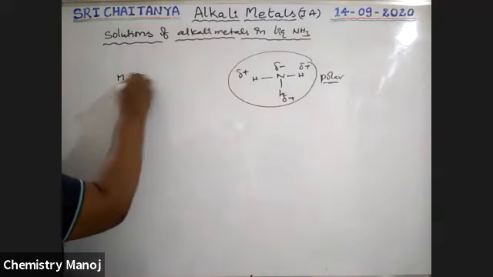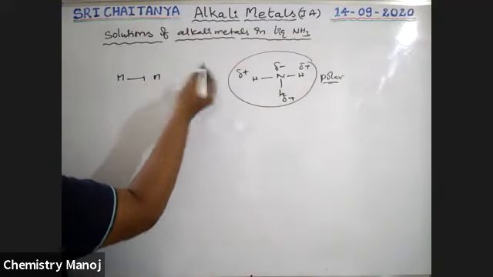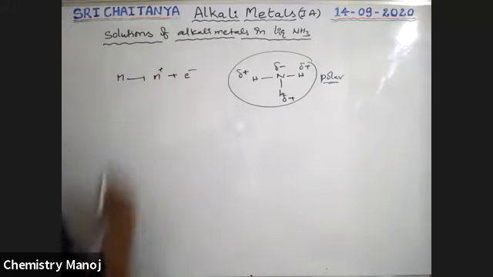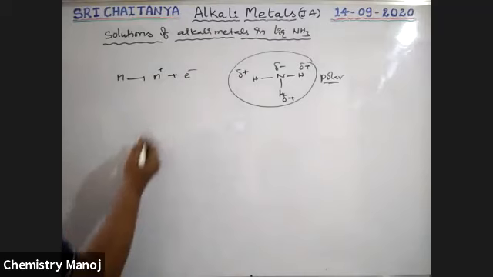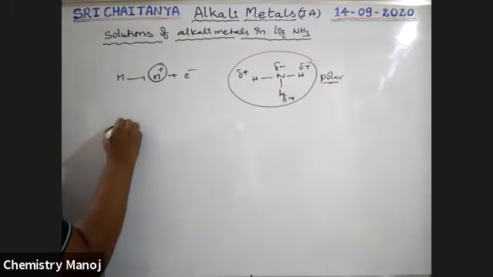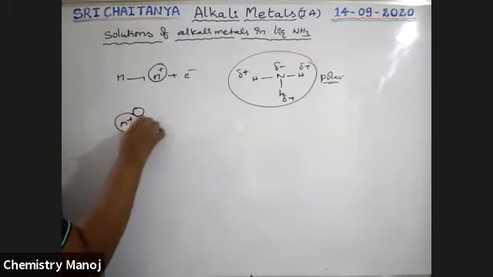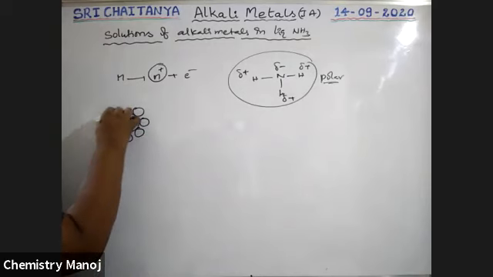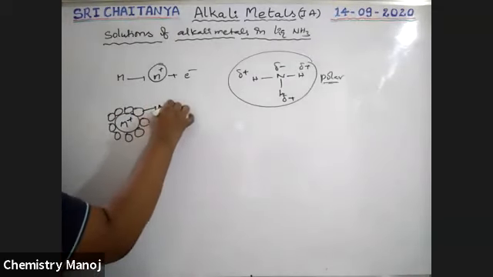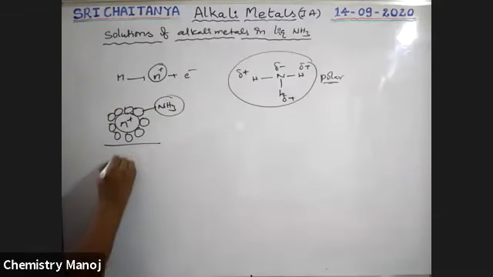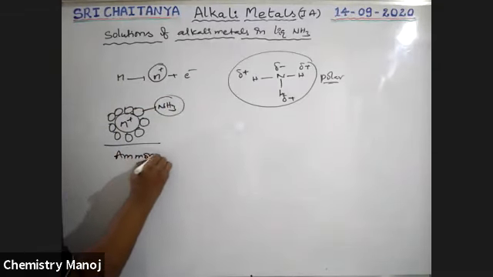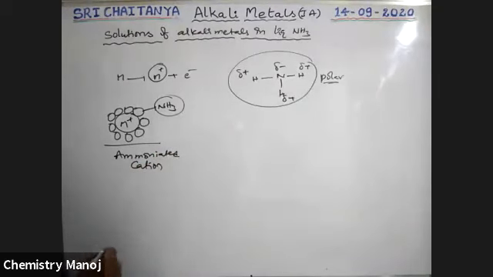So our metal, when dissolved in ammonia, converts into M plus ion and electron. It is easy to lose. This M plus ion, the metal ion, is surrounded by ammonia molecules, NH3, boys, just like water. This is called an ammoniated cation.